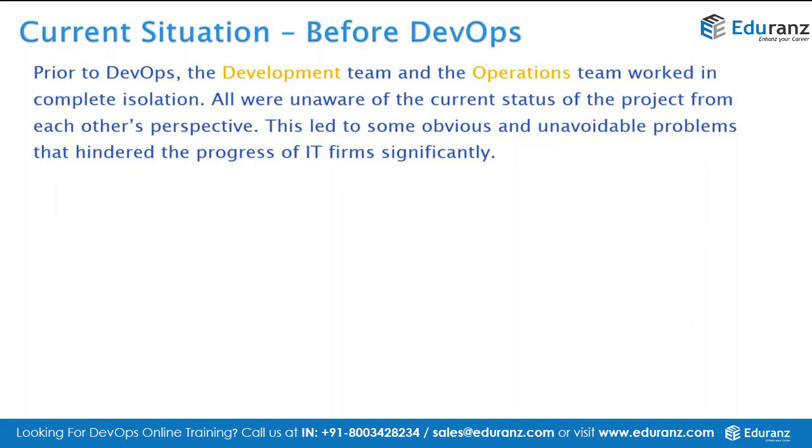Developers will not properly communicate the progress of their coding to the operations team. The operations team also will not tell the progress of their configuration and installation, because everyone has their own manager and should take care of their own team. All of these things will lead to obvious and unavoidable problems.